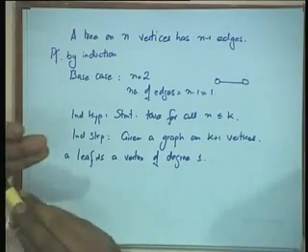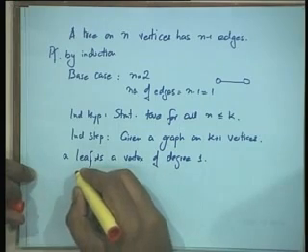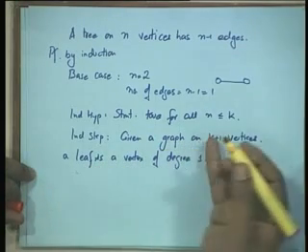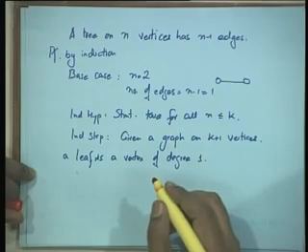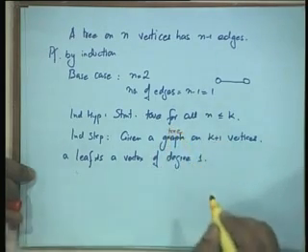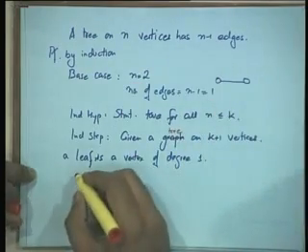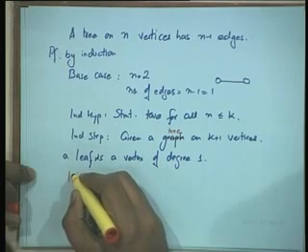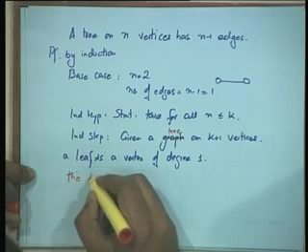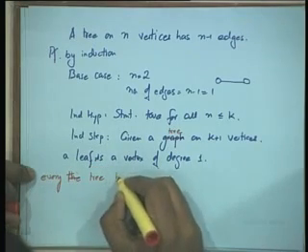So his claim is that, given a tree on k plus 1 vertices, we are proving this, every tree has a leaf.